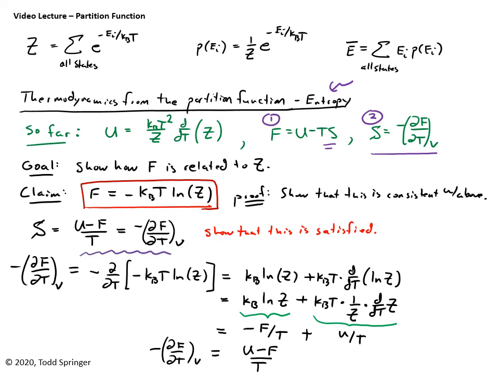So I showed that if F has this definition, then it's consistent with the equations from above, so hopefully it convinces you that this is the right definition of F.